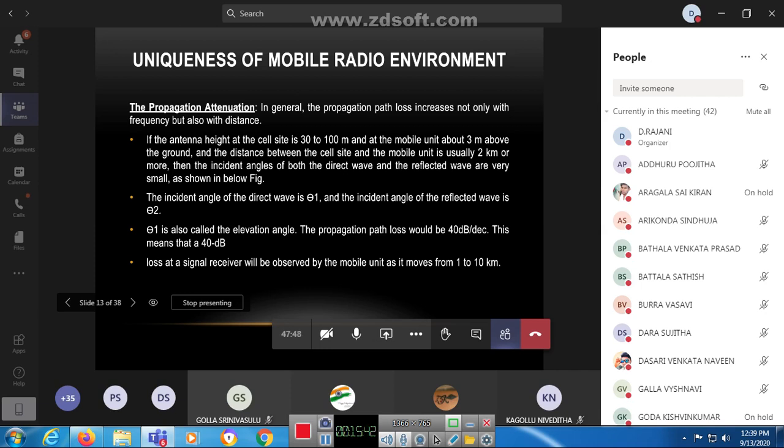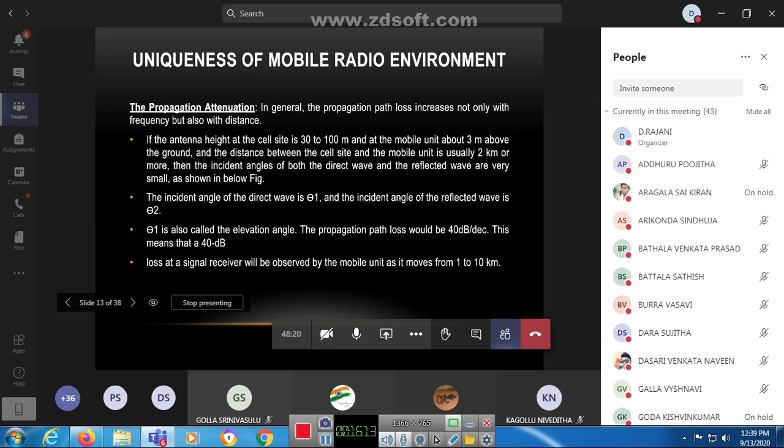We can also remember the antenna height. For example, every cell unit, mobile unit, has one base station. For that base station, they install one tower, like a mobile network tower. In some places there is an Idea base station, an Airtel base station, or a BSNL base station.